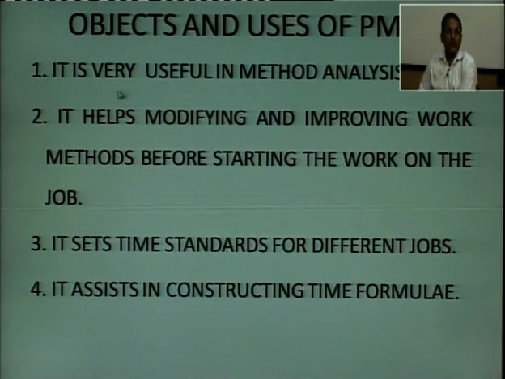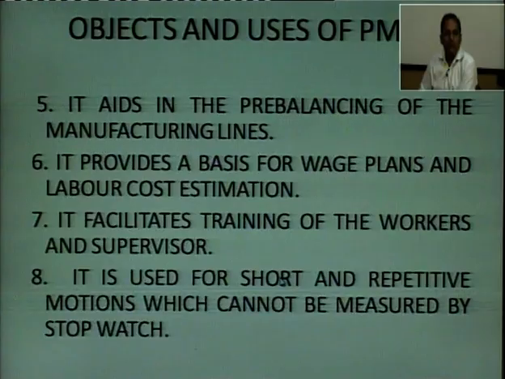Objects and uses of the PMTS. Number 1, it is very useful in method analysis. Number 2, it helps in modifying and improving work methods before starting the work on the job. Number 3, it sets time standards for different jobs. Number 4, it assists in constructing time formulae.